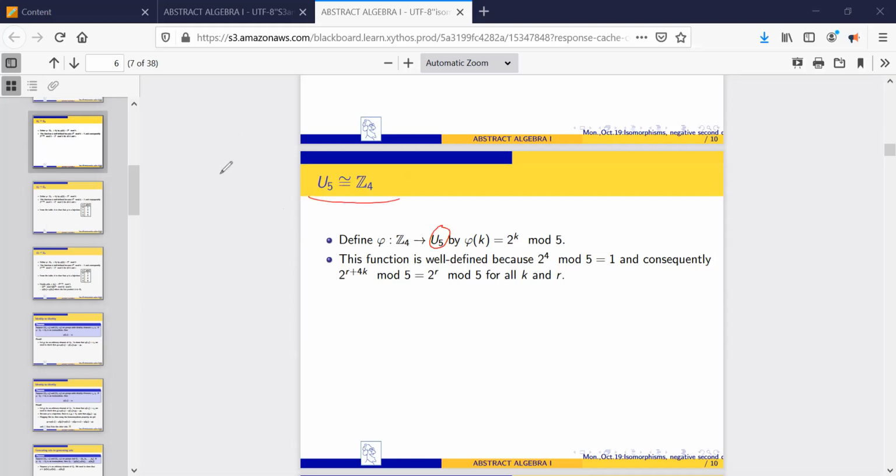If you go over the unit circle and you have e to the i pi k over n, anything that looks like this is an element of U_n.